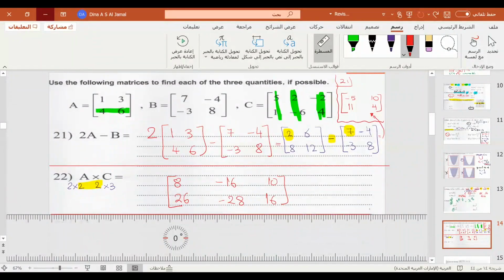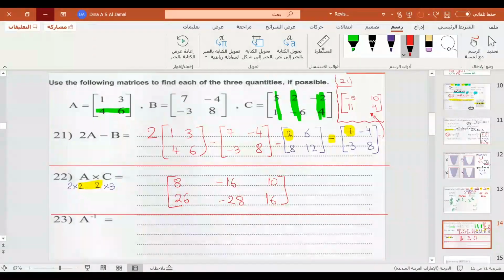So, I would like to have A inverse. So what is the rule? It is 1 over determinant of A multiplied by adjoint of A. That means solve your determinant of A. And let's put it up.